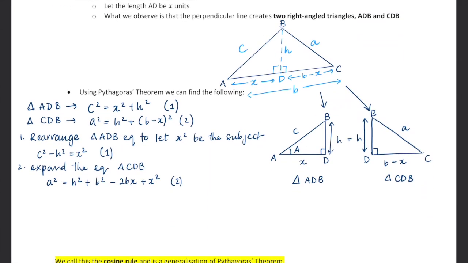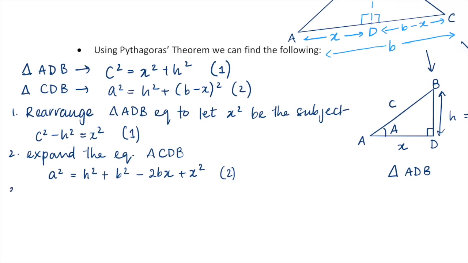So now what I'm going to do is substitute equation 1 into equation 2. Doing that, I'm going to substitute c squared minus h squared where x squared is.